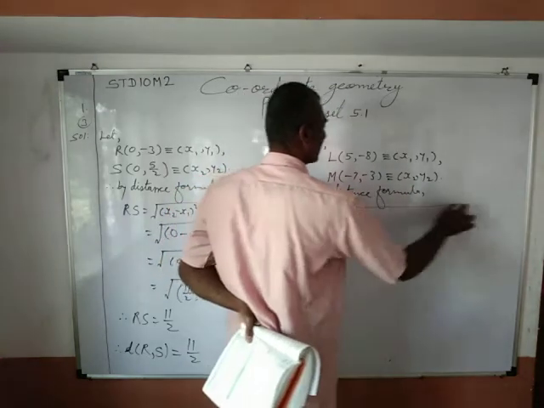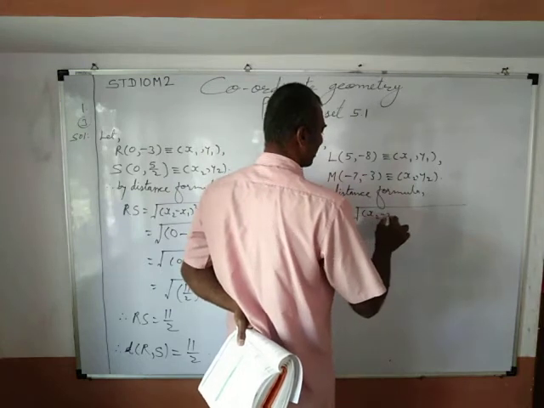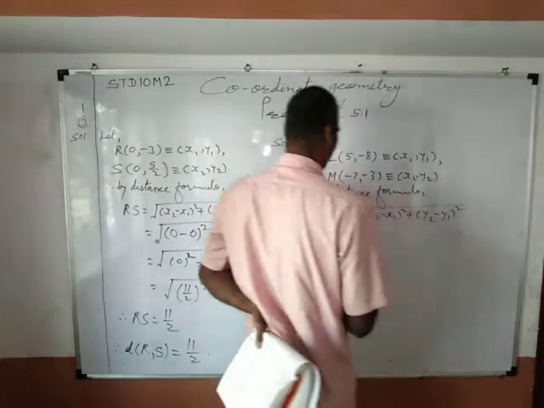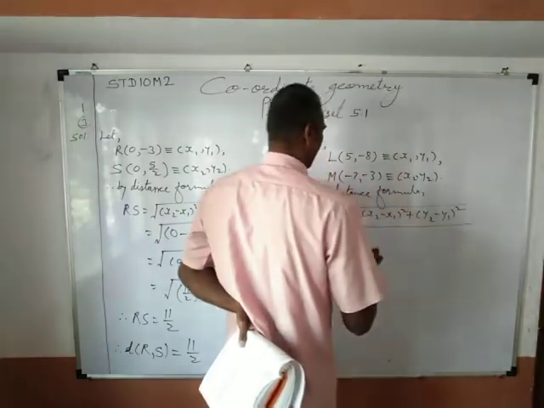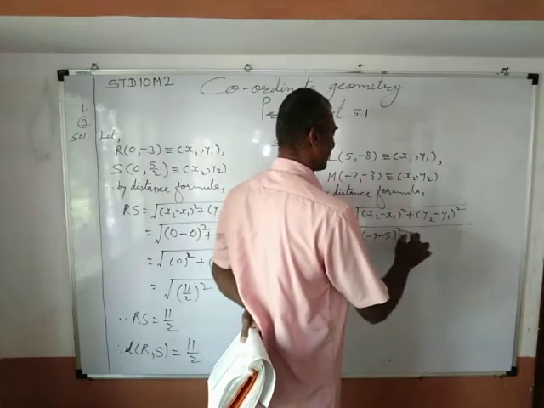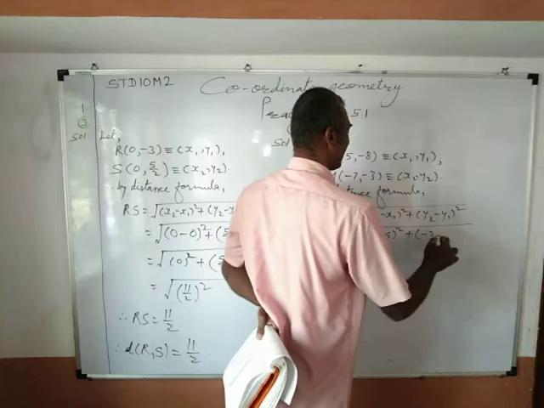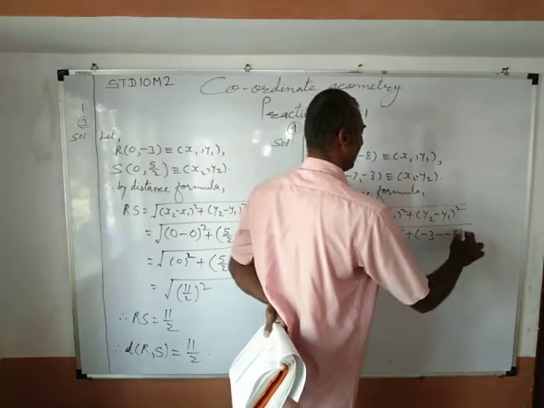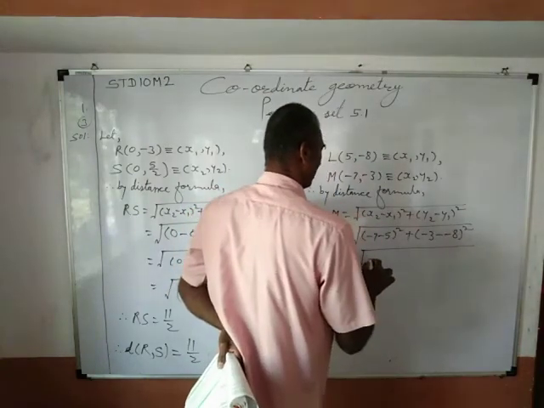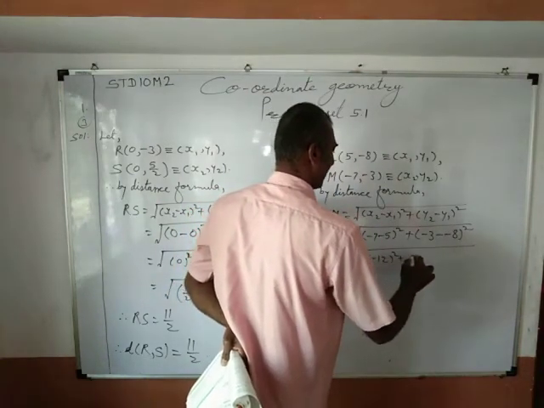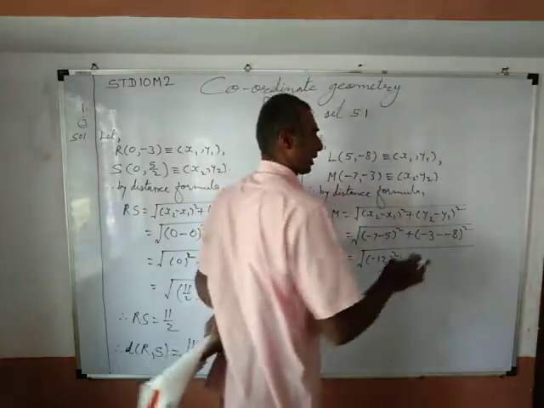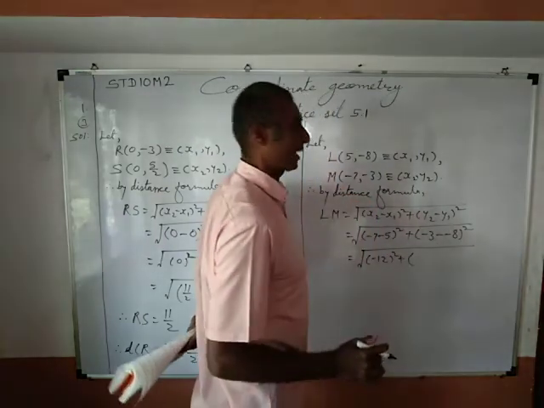LM equals under root (x2 minus x1) square plus (y2 minus y1) square, equals under root (minus 7 minus 5) square plus (minus 3 minus 8) its square, equals under root (minus 12) square plus (minus 3 minus 8) bracket square means (minus 3 plus 8) bracket square.